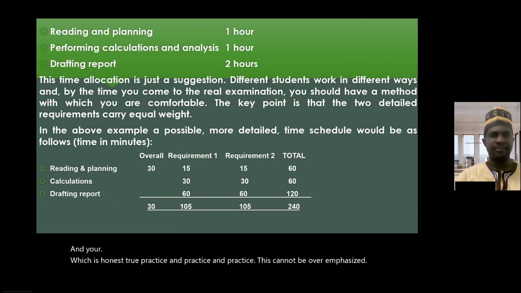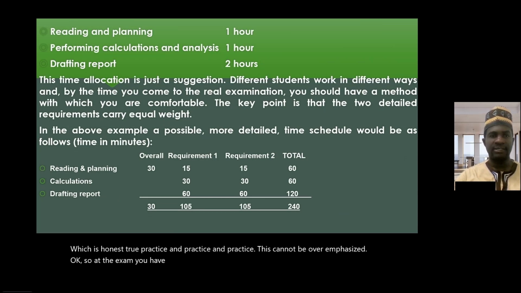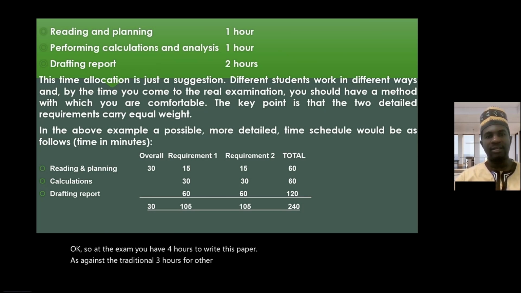Okay, so at the exam, you have 4 hours to write this paper, as against the traditional 3 hours for other papers. Now, the time allocated is just a suggestion, so you could do what works for you. This is not a hard and fast rule. You could reduce the hours based on how fast you read.